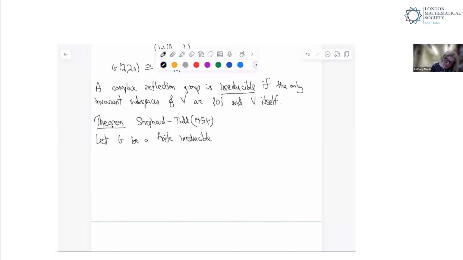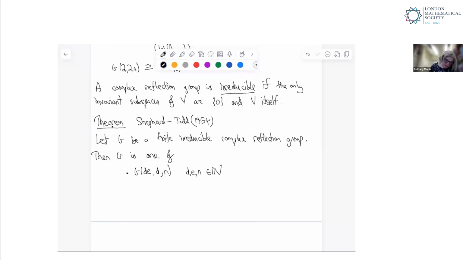If we have a finite irreducible complex reflection group G, then what can G be? There's an infinite family with 3 parameters, 3 positive integer parameters.